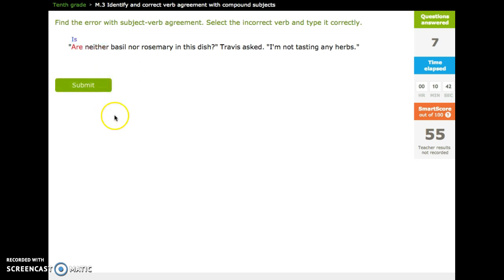If this wasn't a question, you'd be saying "neither basil nor rosemary is in this dish." But because it's a question, that "is" is coming at the beginning. Is neither basil nor rosemary in this dish? That's one that a lot of people would not do right because it just doesn't sound natural.